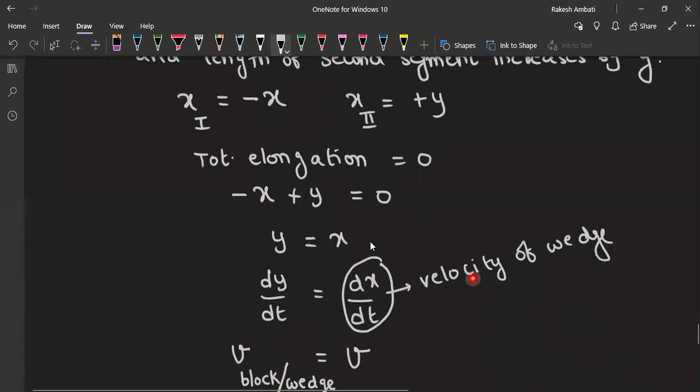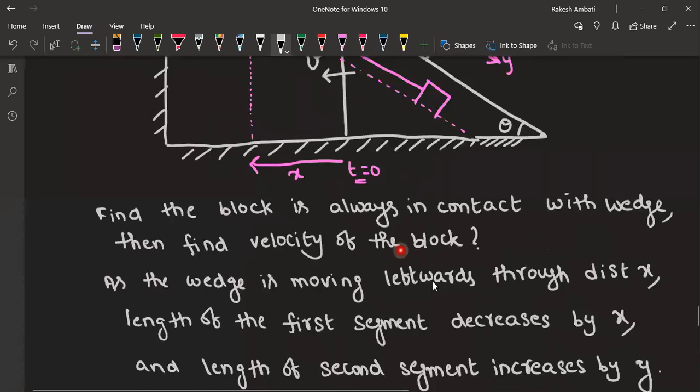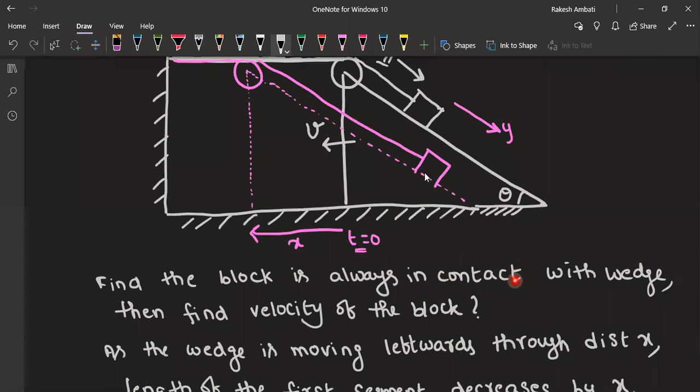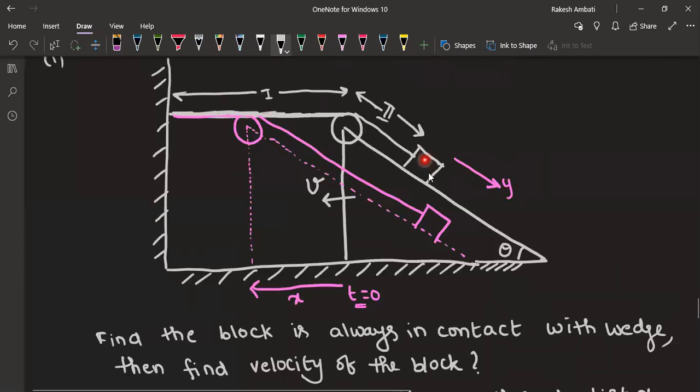But at the same time, it is given one thing. This block is always in contact with the wedge. That means this block also possesses one more velocity. Why? Because if the wedge and the block are in contact, and the wedge is moving to the left side, the block also has a velocity to the left side. It is given that the block and the wedge are always in contact.